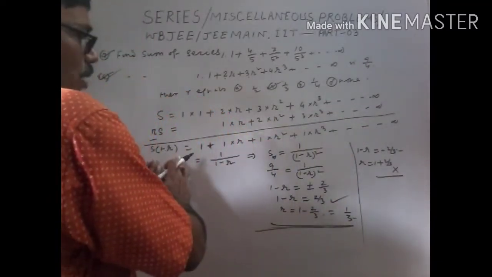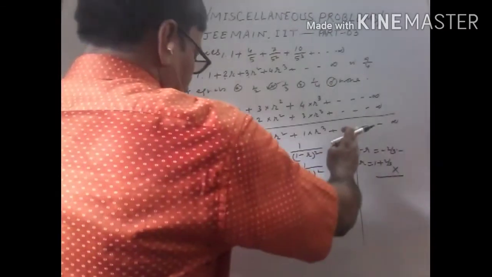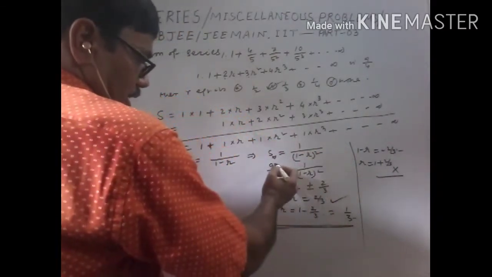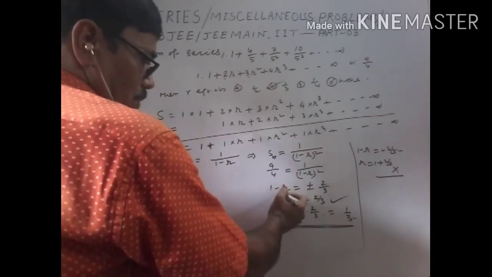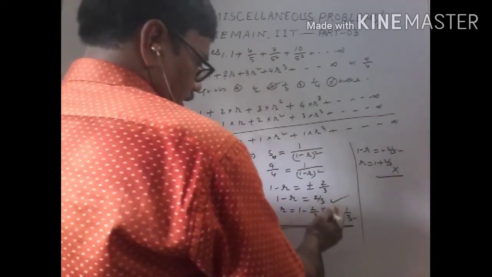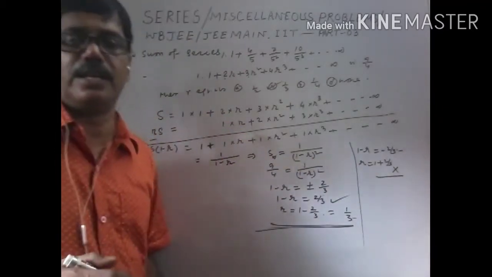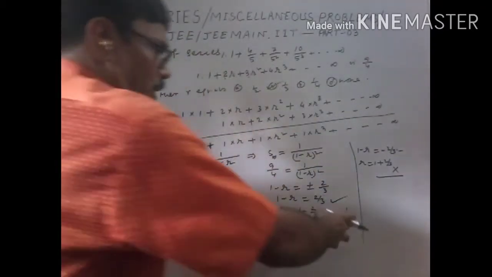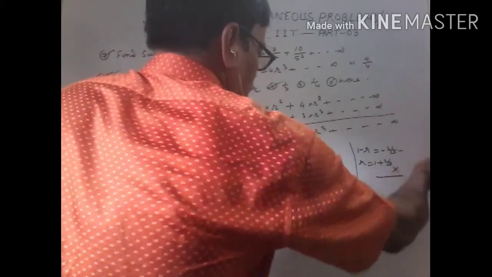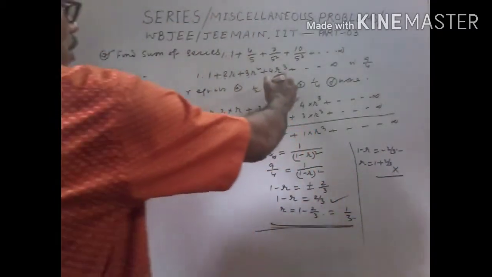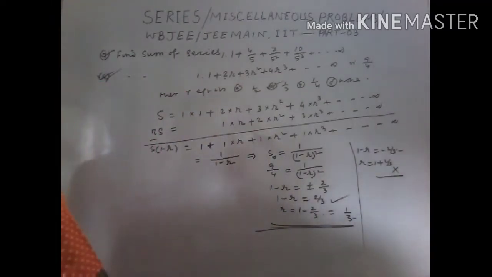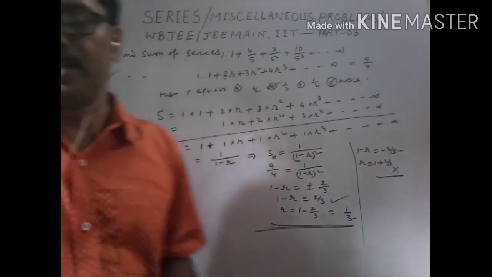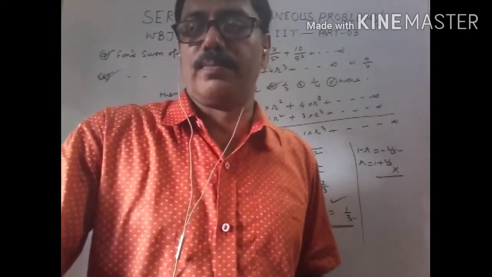So S into 1 minus r, you get an infinite series. S infinity is given as 9 by 4. So 1 minus r equals 2 by 3. Taking positive and negative, we get values 1 by 3 and 1, the latter is not possible. So the value is 1 by 3. Similarly the second one is exactly the same problem.